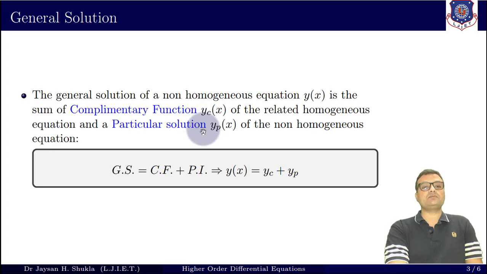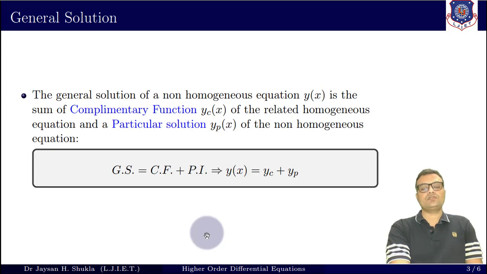The second part is particular solution, which is yp(x). P indicates the particular solution, C indicates the complementary function. If we take addition of these two, it gives us the general solution for given differential equation. So the whole idea of solution of differential equation is to identify function y which satisfies the given differential equation.